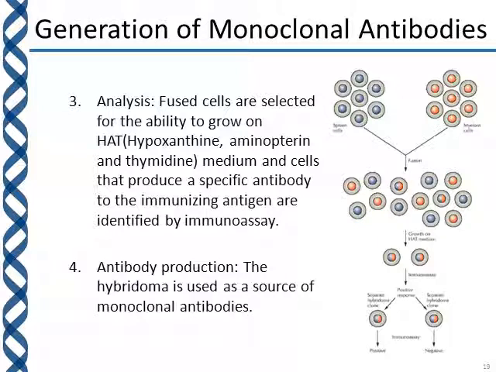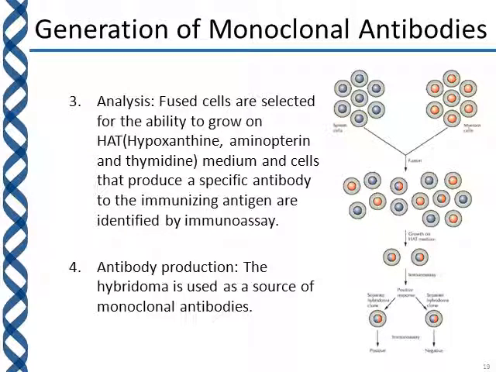So once you have the fusion, these fused cells are selected by their ability to grow on what is called HAT media. This is hypoxanthine, aminopterin, and thymidine media. And the cells that produce a specific antibody to the immunized antigen are identified by immunoassay, followed by your antibody production, and the hybridoma is used as a source of these monoclonal antibodies.